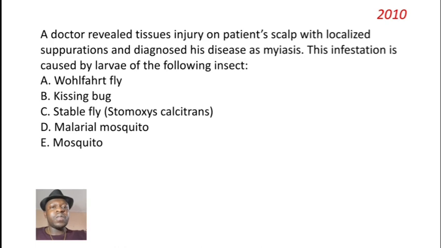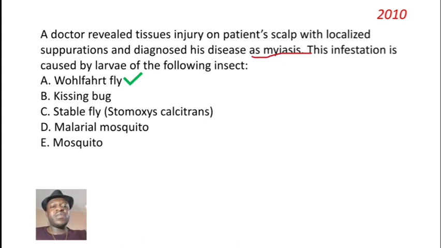Next question. A doctor reviewed tissue injury on a patient's scalp with localized suppurations and diagnosed the disease as myiasis. This infestation is caused by larvae of which insect? Wohlfahrt's fly is responsible for this myiasis. That's the correct answer.